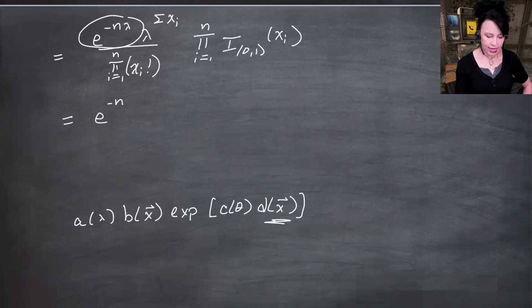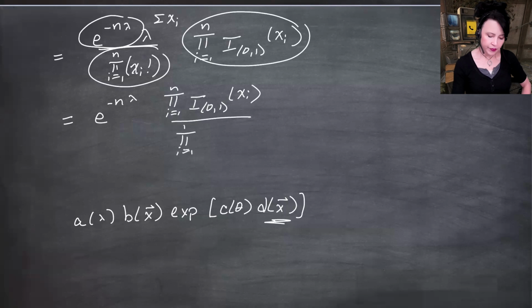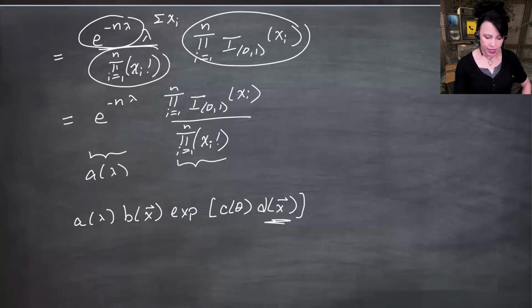This is e to the minus n lambda. This is pure data and pure data, so let's do it. I could write this as one product, but I don't think I will. That's a weird term to have, an indicator divided by a factorial, but you can do it. It doesn't matter. It's not the term we care about, but this would be my a of lambda, and this would be my b of x.